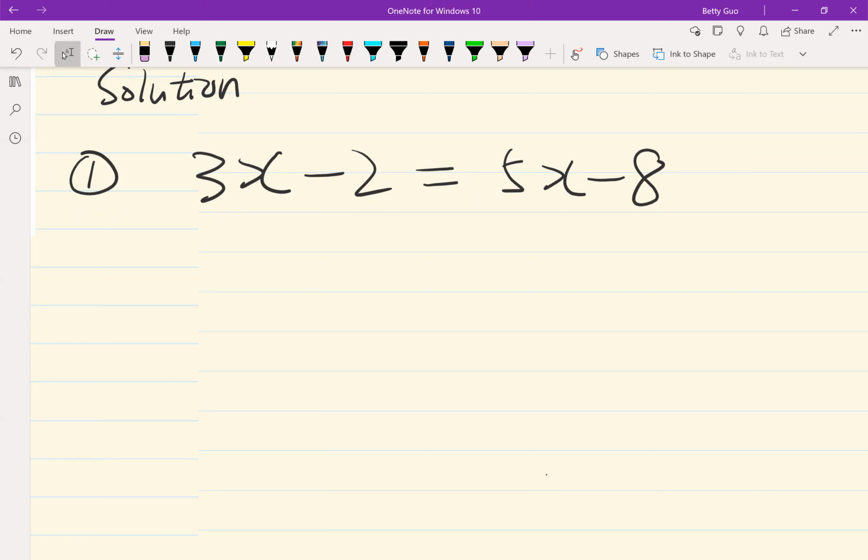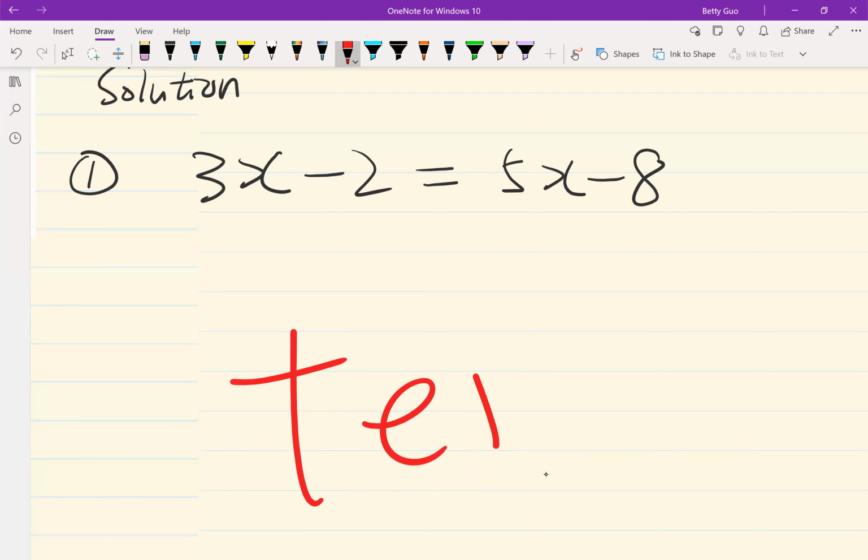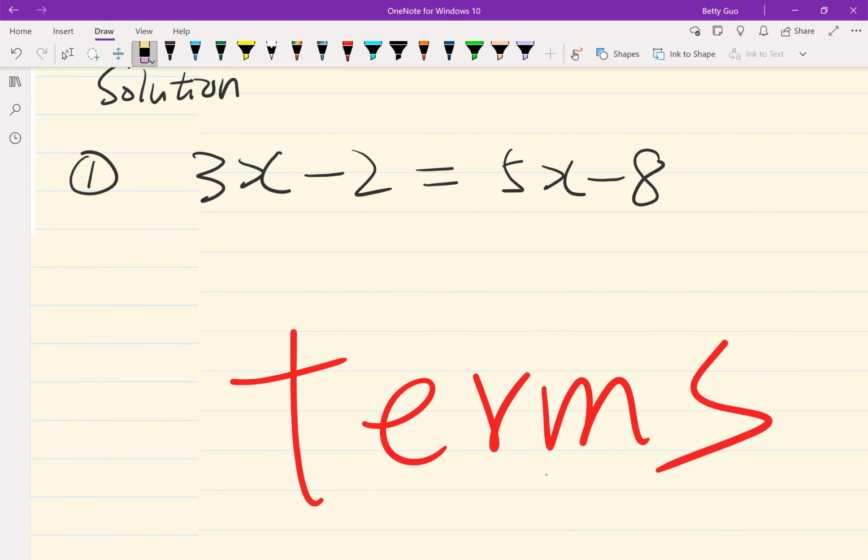I want you to see the structure. I think I have emphasized this many times. For an expression or equation, seeing the structure is super important. For this structure, how many terms in total do we have?